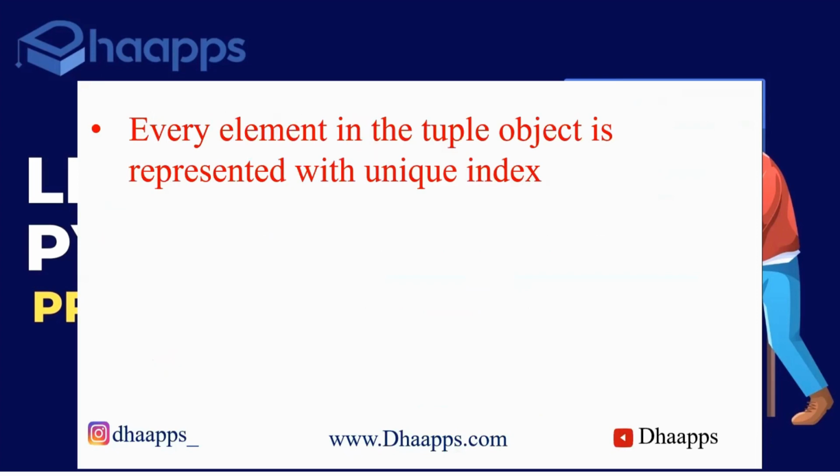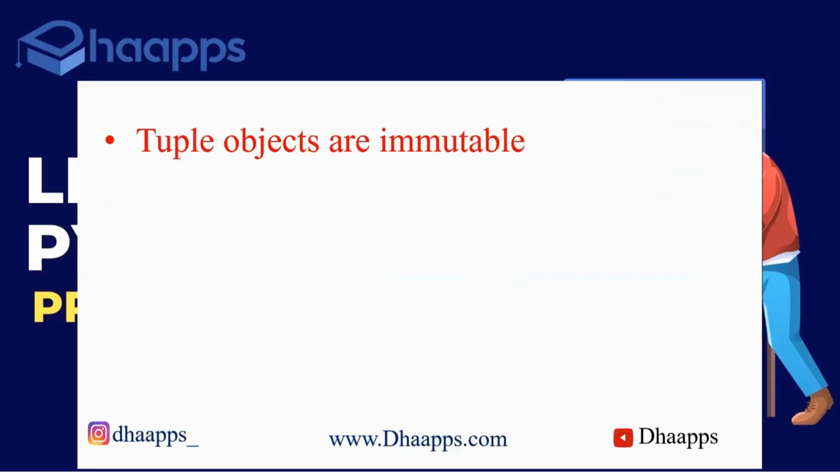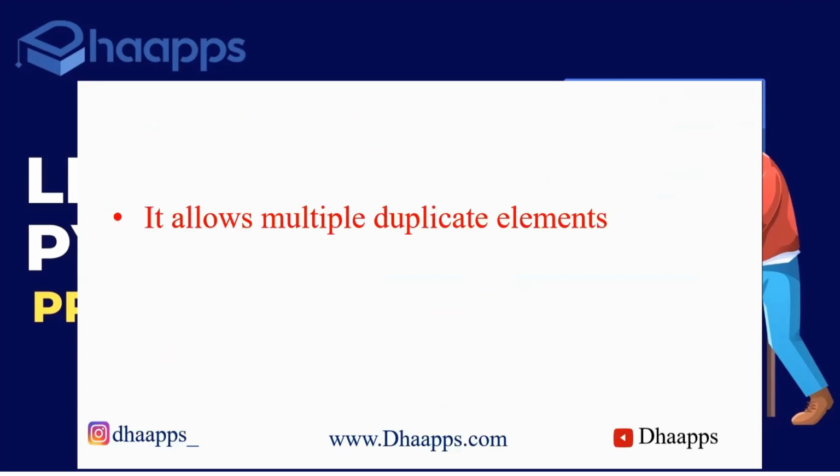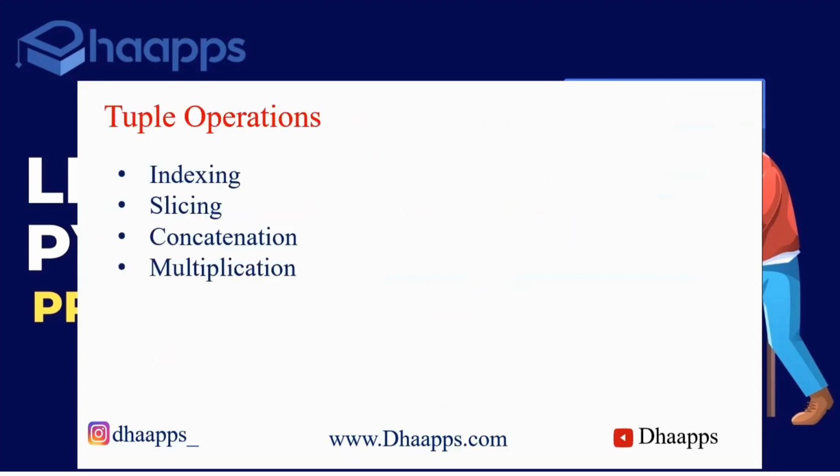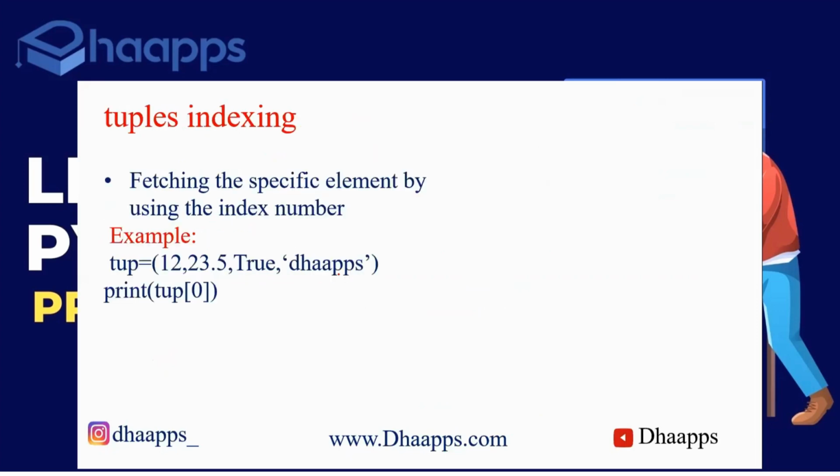Every element in the tuple object will be represented with a unique index. Tuple objects are immutable, with multiple duplicate elements. And indexing, slicing, concatenation, multiplication, as it is, it will support. Okay, indexing, we already saw in the last session. Like list, I want to fetch an element by using index number, that is indexing.